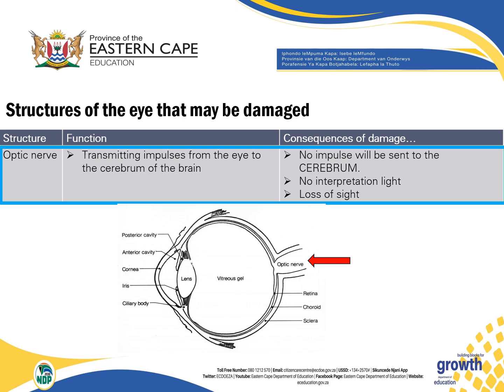Therefore, there will be no interpretation of light, which will lead to the loss of sight. In other words, blindness. So the optic nerve is vital for transmitting those impulses from the rods and cones, the receptors, to the cerebrum of the brain.